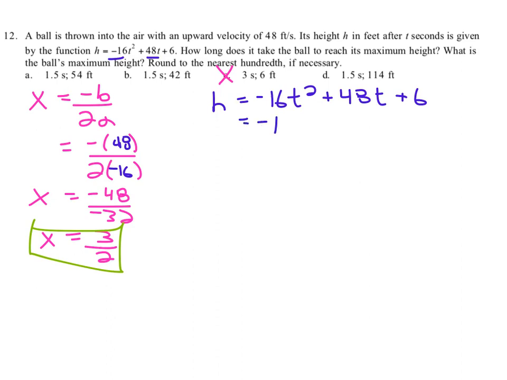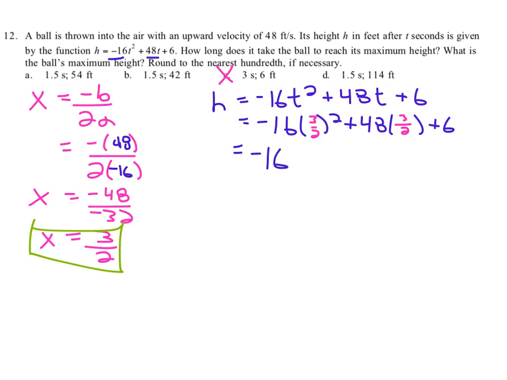We're going to say negative 16 parentheses 3/2 squared plus 48 parentheses 3/2 plus 6. Okay, and then you'll just need to know a little bit of how to calculate.